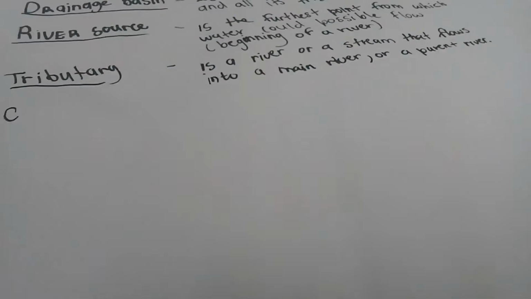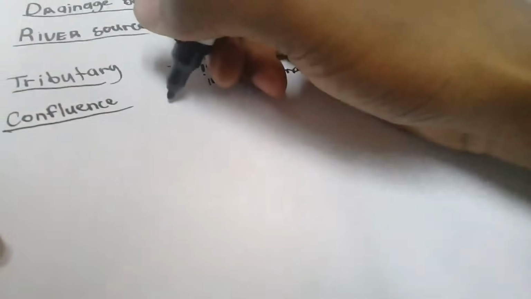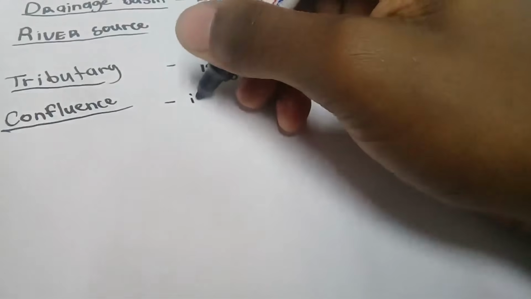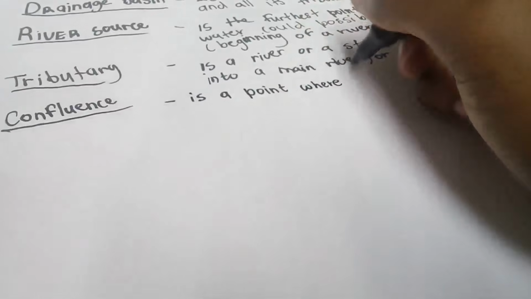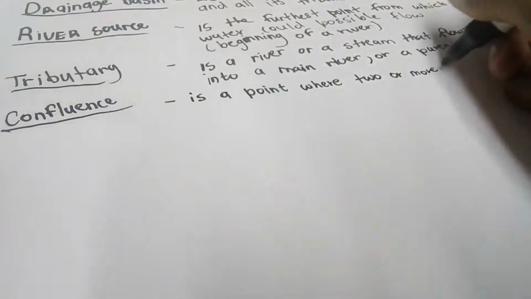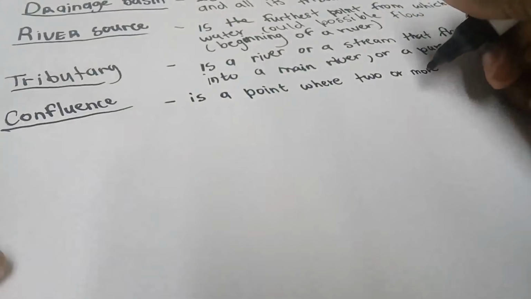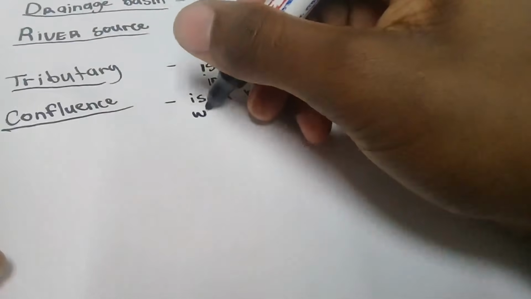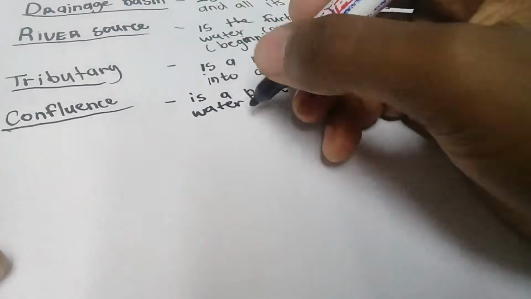So we have confluence. A confluence is a point where two or more bodies of water meet together.